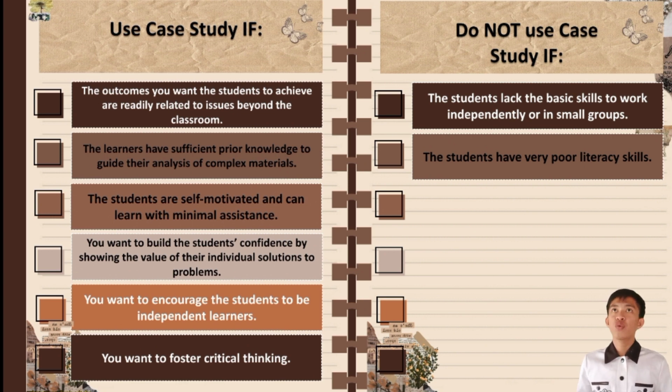So you have to consider their literacy level. If they cannot read, how can they understand and analyze the thoughts, the ideas, and everything else that needs to be done? So before using case study, you have to let the students be literate enough so that it will be easy for you as a teacher, as well as the students, to proceed and accomplish the task.